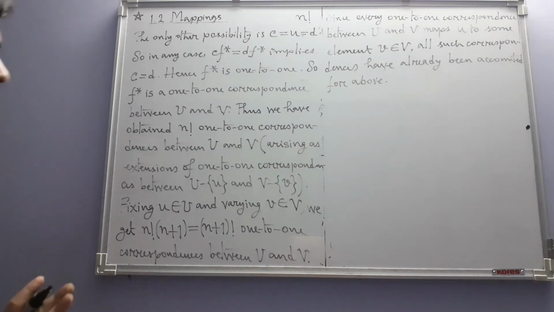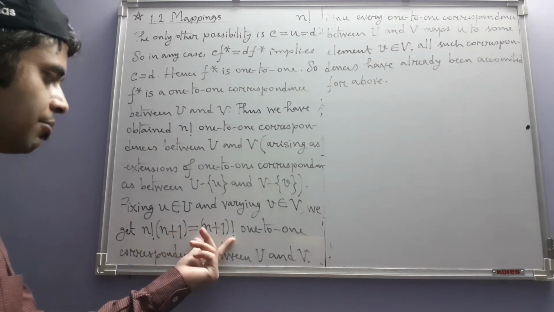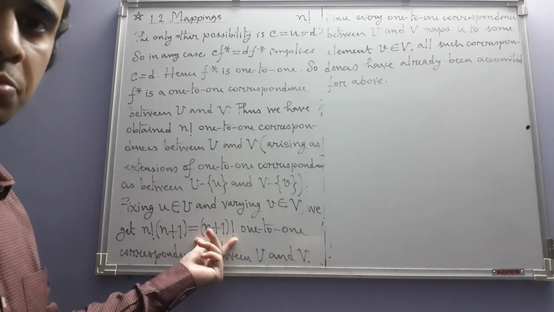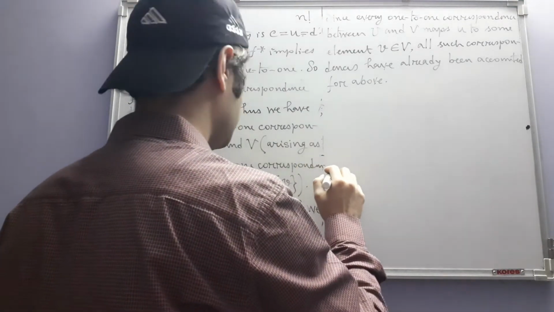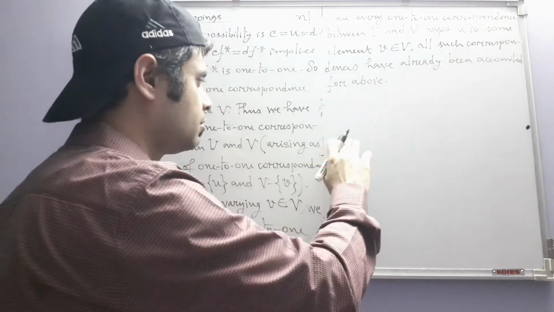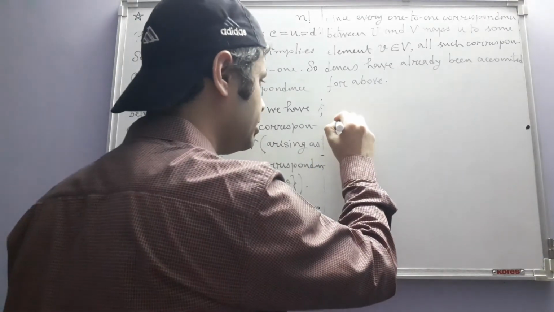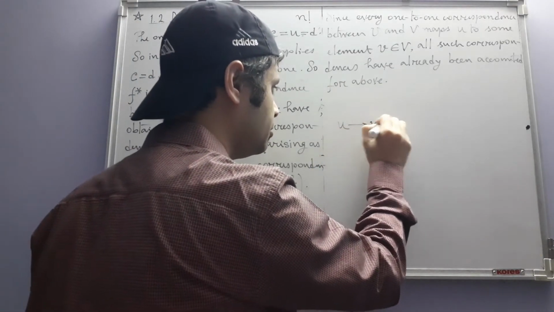What is the meaning of this? We have n plus 1 factorial one-to-one correspondences which map many elements to many elements, but in particular which map u to v.